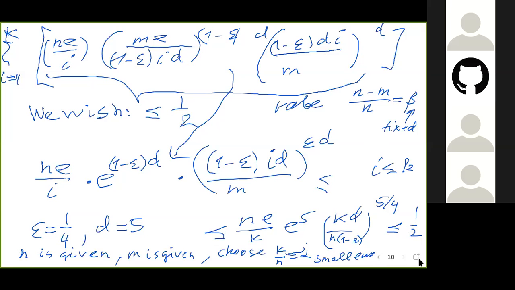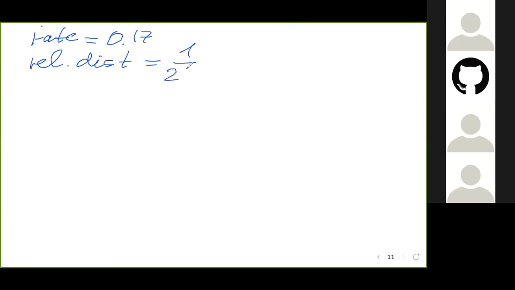So more precisely, we can choose the rate equal, say, to 0.17, and the relative distance then will be very small, actually, 1/2050.